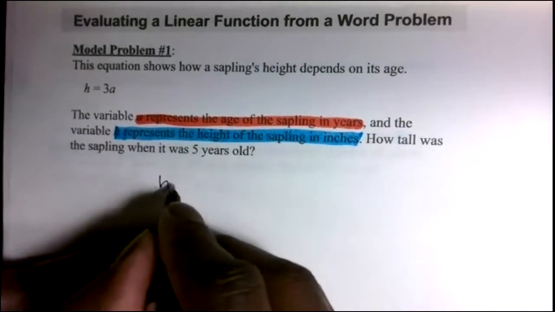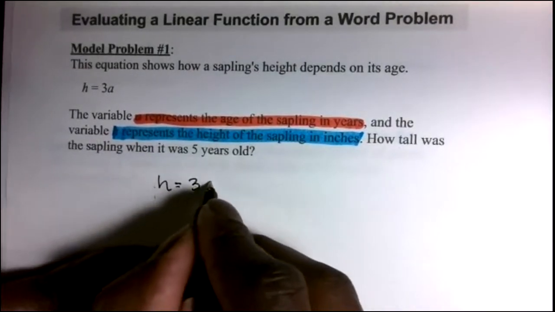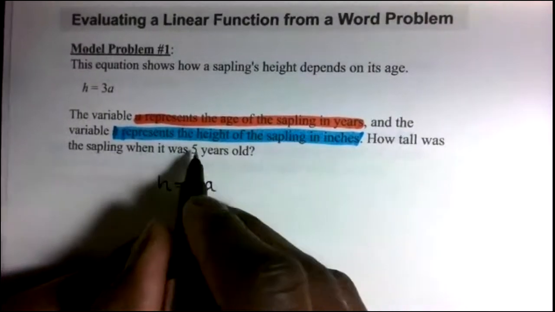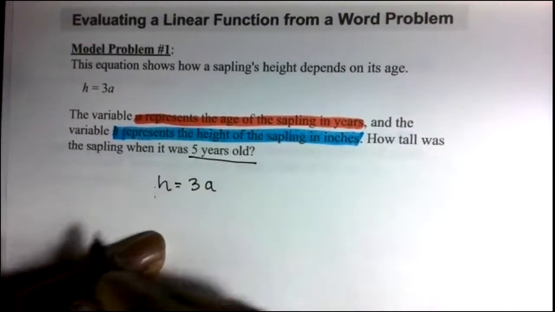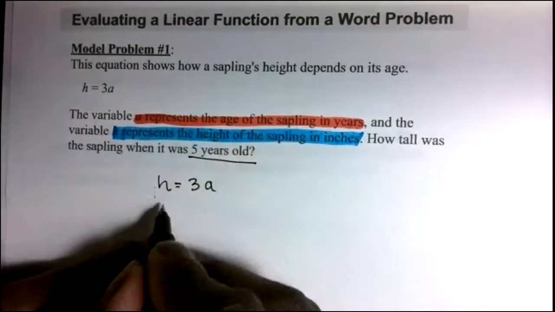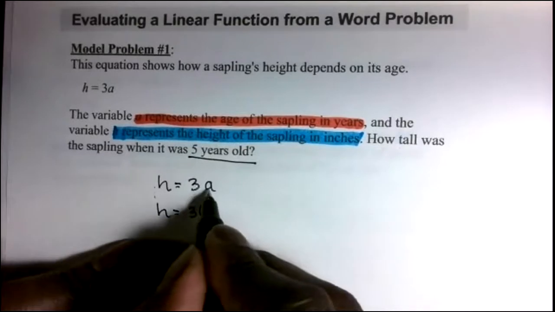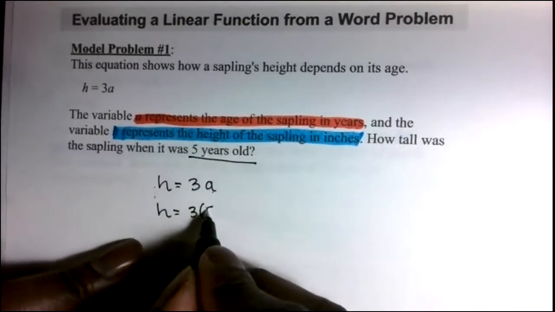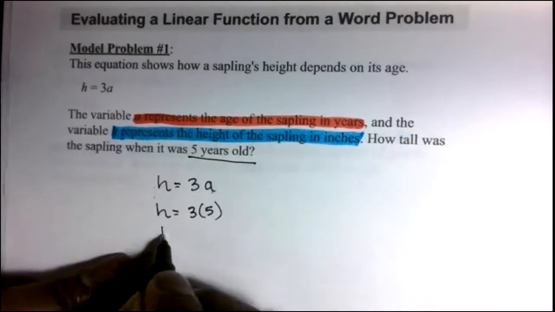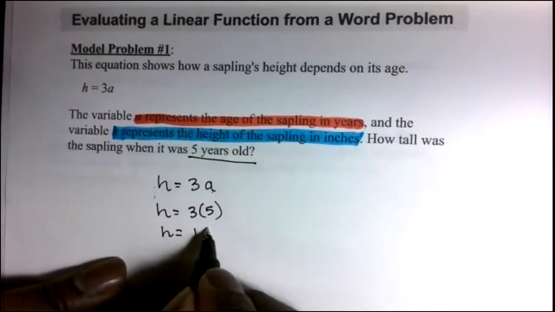So I can say h equals 3a, but I know that a is 5, because a represents age. So h equals 3 times 5, which gives me h equals 15.